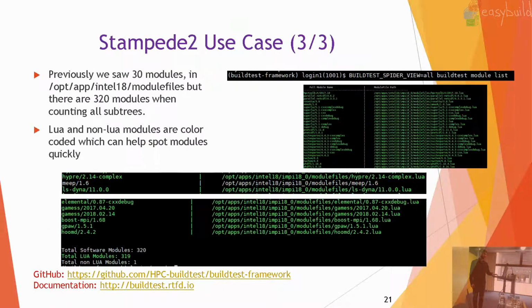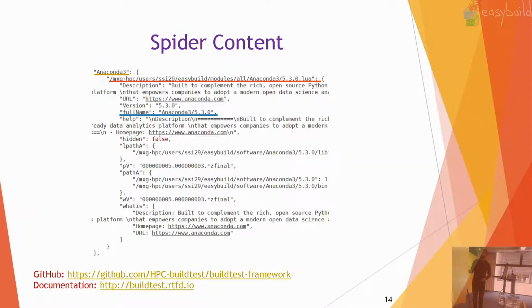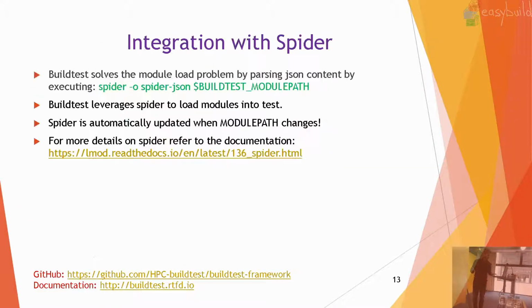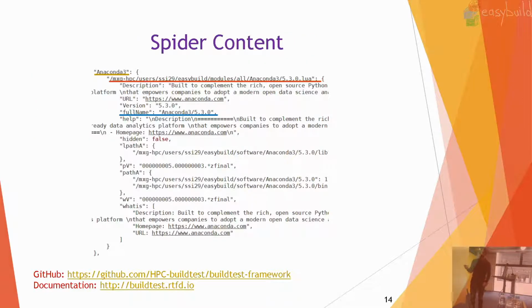Everything is taken care of through this spider command. So the full name is actually used to load the module name. I'm not talking about conflicts, but there's another key called parent and parent AA. Those are for modules that you need to load first before you can load the other module. That's only for hierarchical modules. And I actually parse this spider record to get those to load the modules properly.